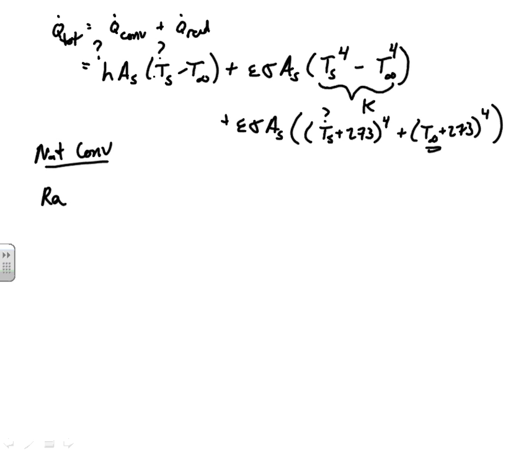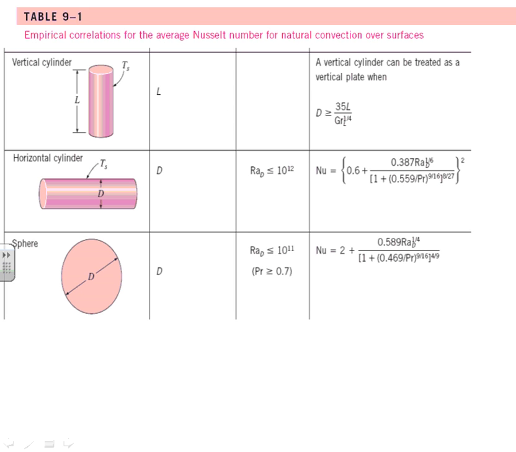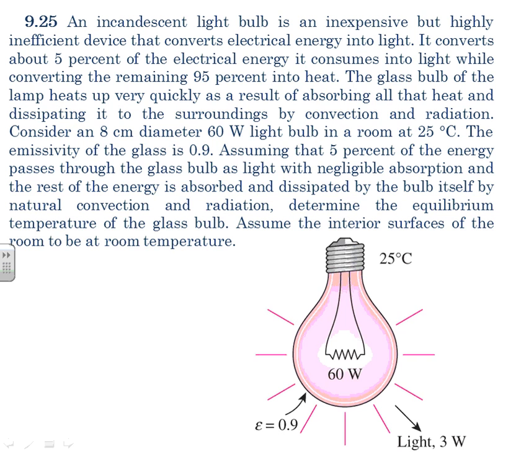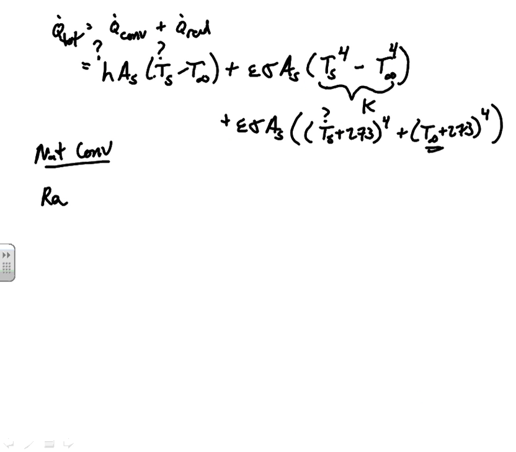Let's go to handy dandy table 9-1. We're doing flow over a sphere. That's what the light bulb is being modeled as. The characteristic length scale is the diameter, and we have this equation for the Nusselt number, which is my non-dimensional heat transfer coefficient. So I can come back up here and calculate my Rayleigh number.